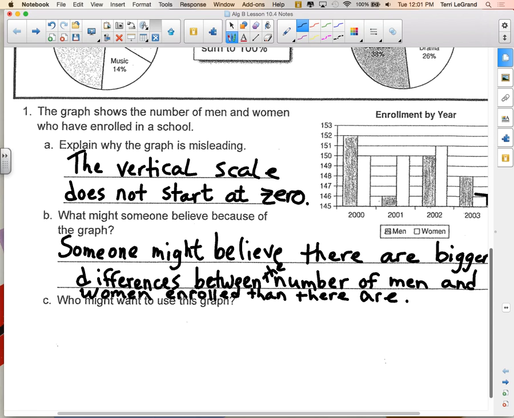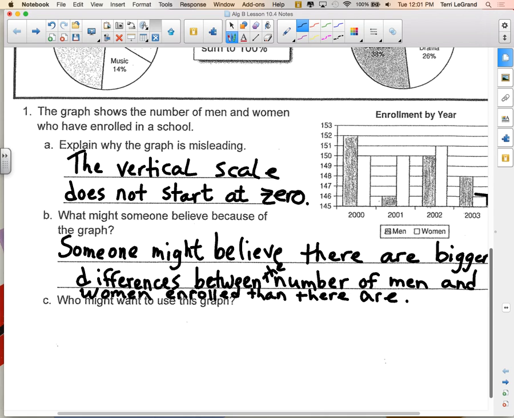Then who might want to use this graph? This college, do you think this college wants to? No, just a college that wants to, so maybe another college, a college that wants to appeal to, maybe sports.